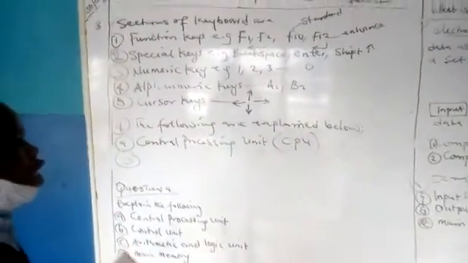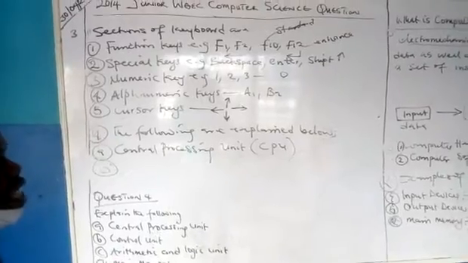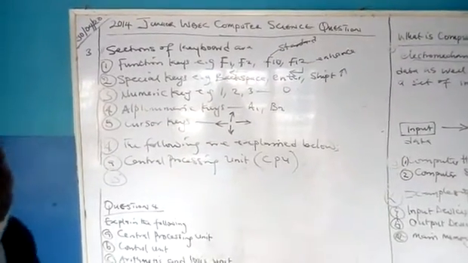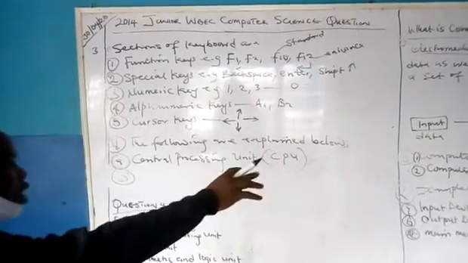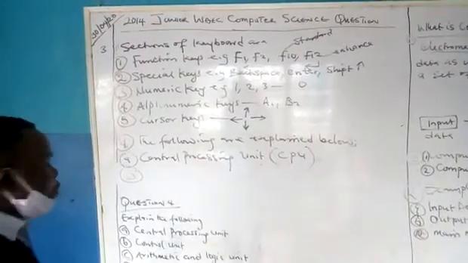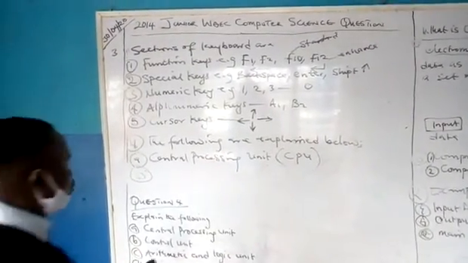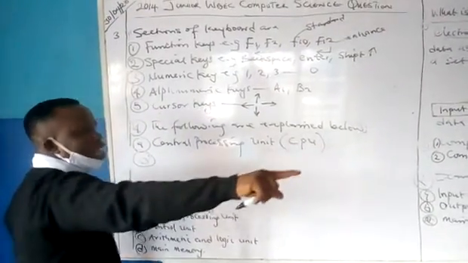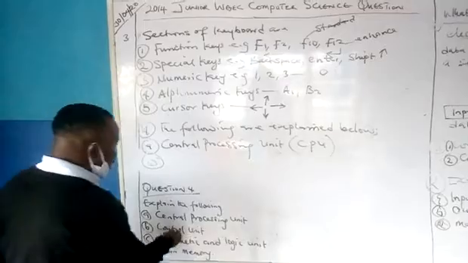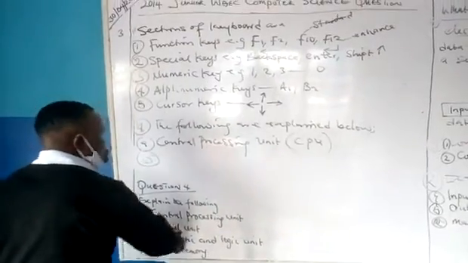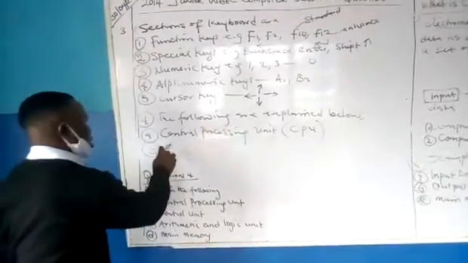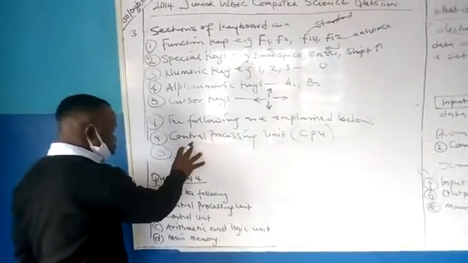If something comes in and it's processing it and the instruction is given to store, it is the control unit that sends the information to storage in the memory. If the instruction is given for the control unit to send out as information, it is the control unit that helps to control what is happening in the processing. So the control unit is there in the processing.